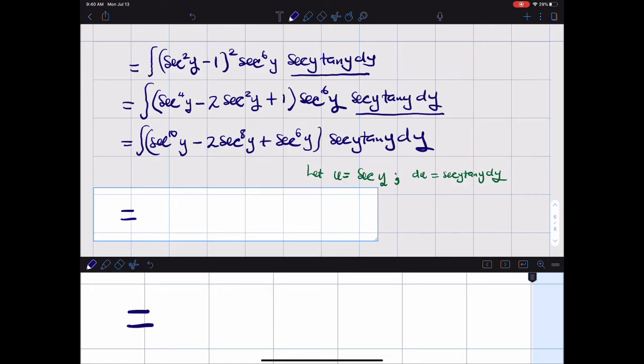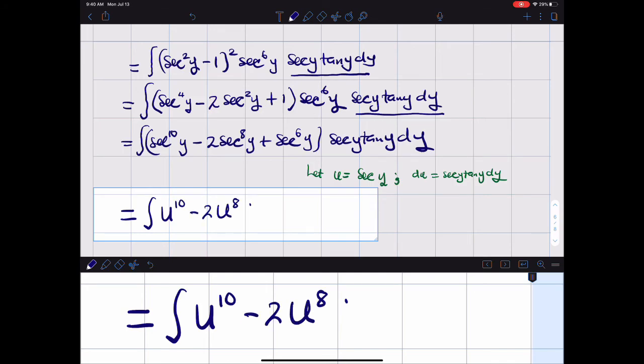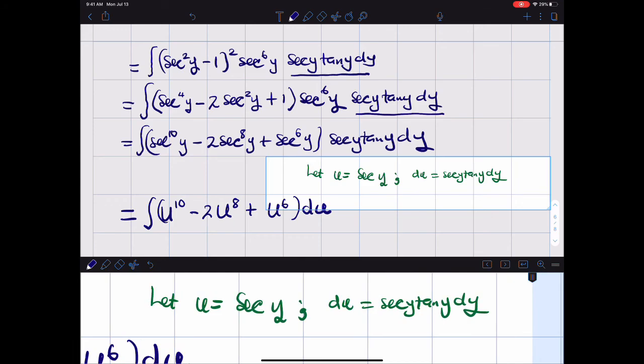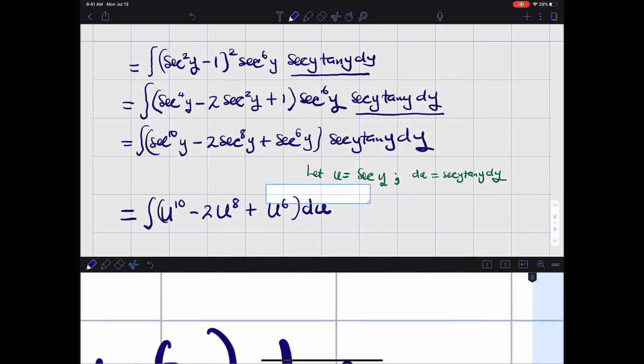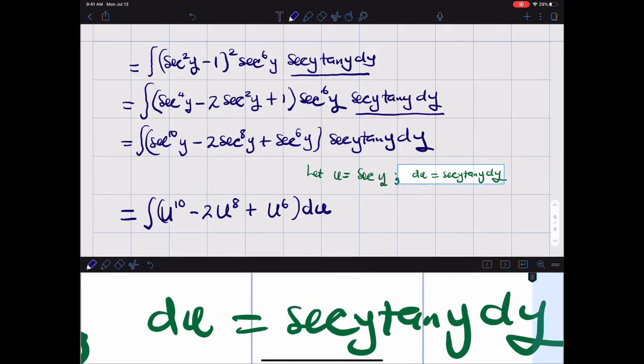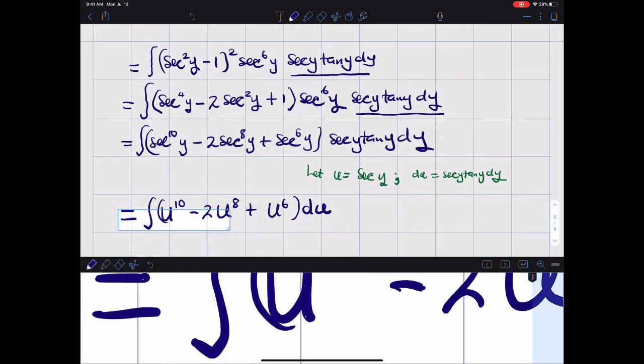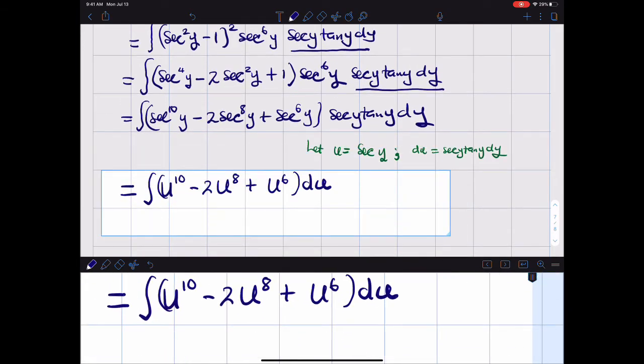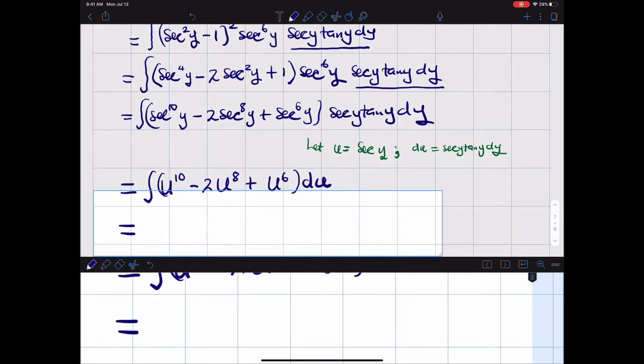All right, so what do we have here? We have u to the power of 10 minus 2u to the power of 8 plus u to the power of 6. And then we have du right here, because du is secant of y, tangent of y dy. So we get to work and do the integration, and this is now good.